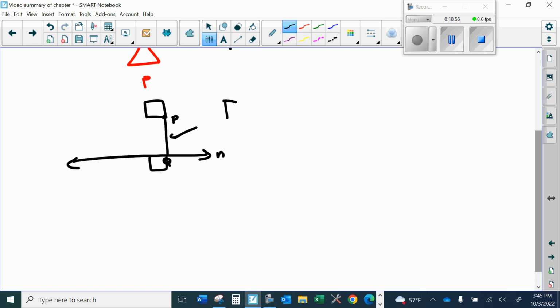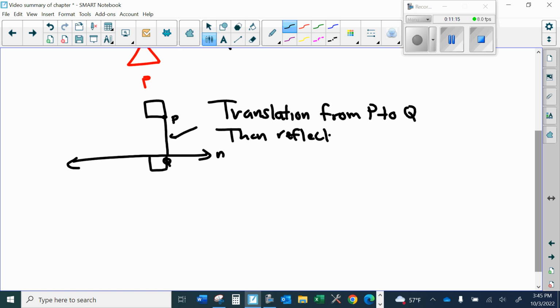So that's a translation, translate from P to Q. And then I notice I have a line n. Well, remember, if it's a line, it's a reflection. So then I'm going to reflect. Then that's a reflection over line n. Okay, and that takes me to the image. That was the pre-image right there.